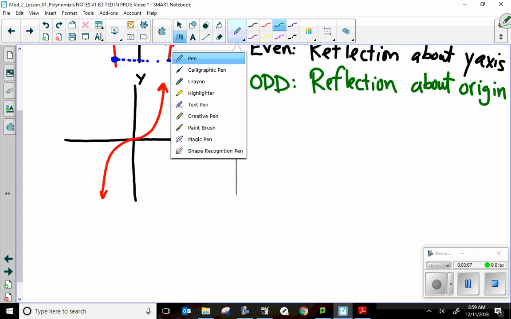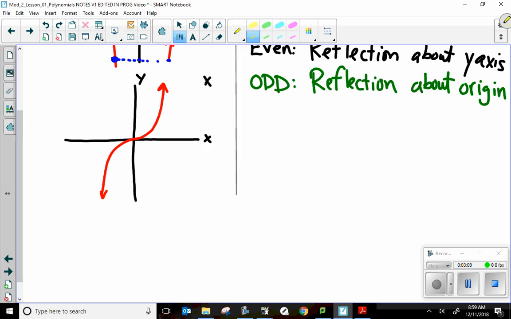The origin, in case you didn't know, is right here, right in the middle. If I reflect every point through that yellow highlight, which is the origin, it will reflect onto itself on the other part of the graph, meaning this point here, look at that, bang. This point here, bang, perfect. Okay, that's odd.